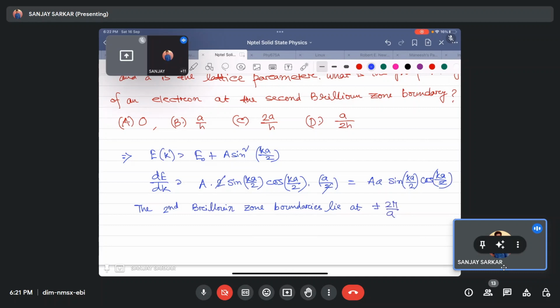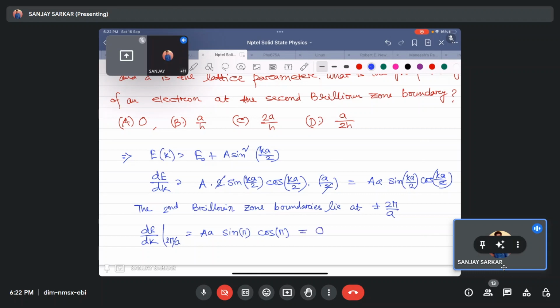So dE dk at 2 pi by a is A a sine ka by 2 cos ka by 2, so sine pi into cos pi.